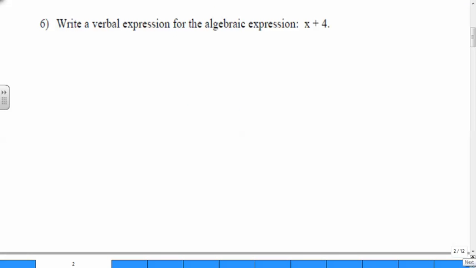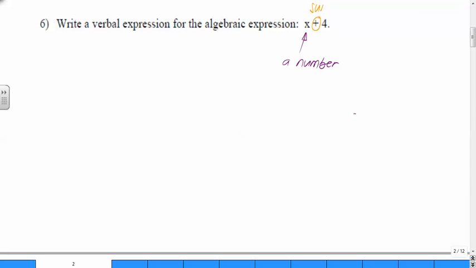Write verbal expression for the algebraic expression x plus 4. X plus 4. Well, you remember that we're using variables for a number, right? A quantity, somebody's age. Plus, now let's think about words to substitute that plus. We just did a problem previously, right?